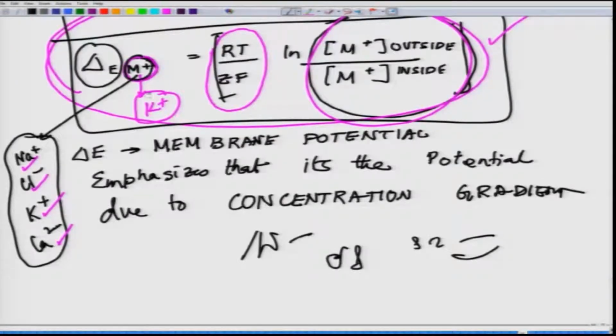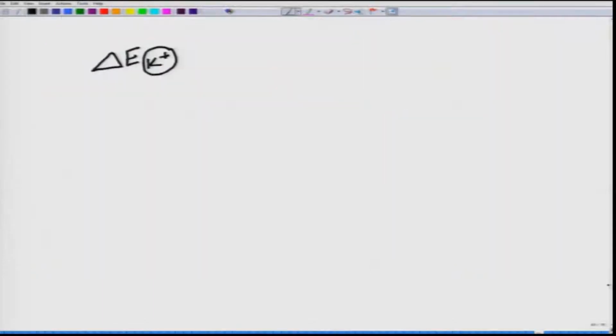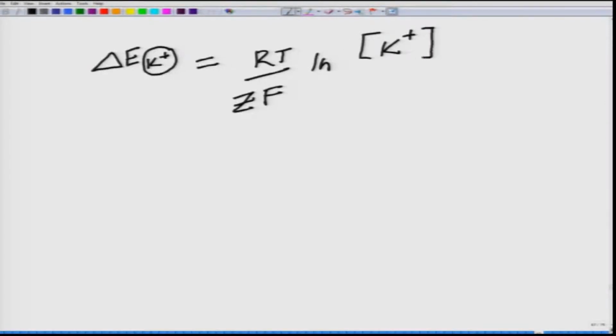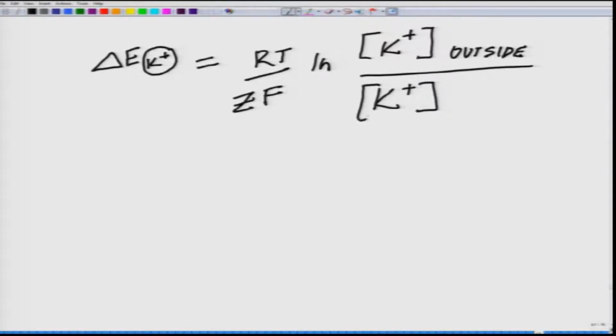So M plus becomes K plus, equals RT upon ZF, natural log of K plus outside over K plus inside.